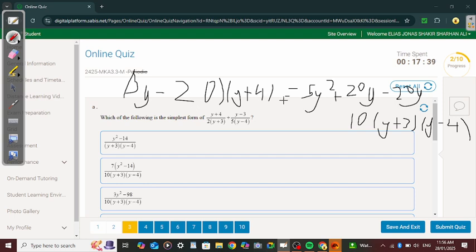Negative 20 multiplied by 4 is going to be −80. Positive 20y and negative 20y get cancelled out. So the answer will be 5y² − 80 for the first numerator.